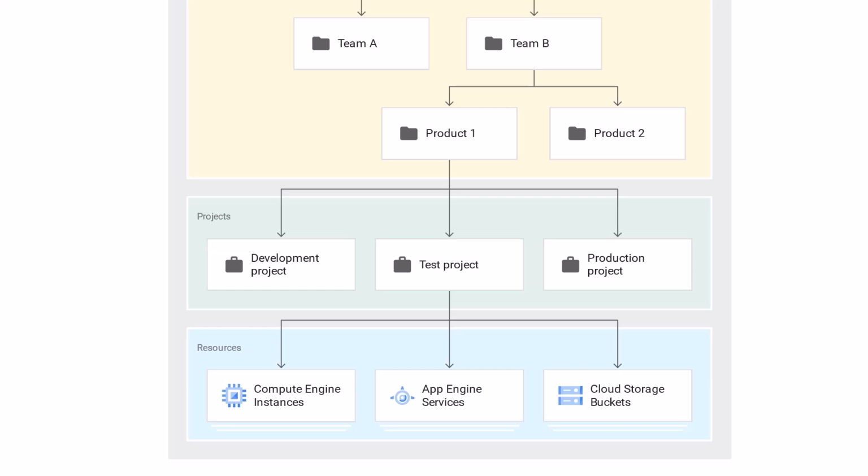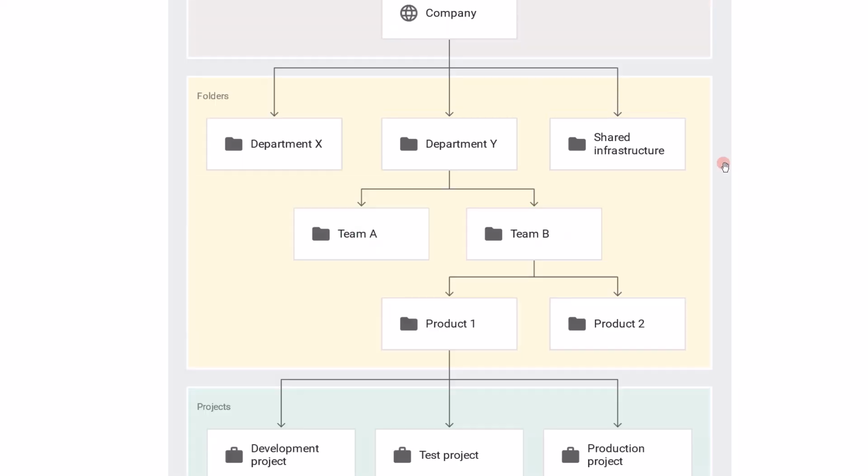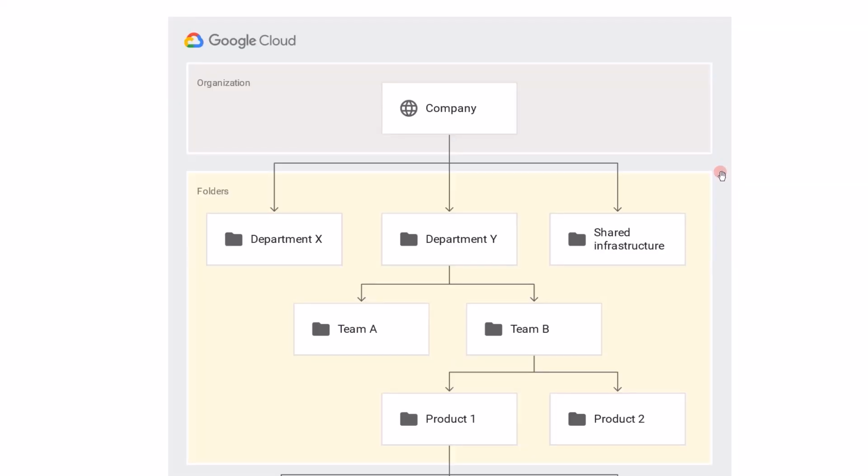All project resources consist of the following two identifiers: project resource ID and project resource number. The project resource ID is a unique identifier for the project resource, and the project resource number is automatically assigned when you create the project. So this is all the information regarding the Google Cloud resource hierarchy.